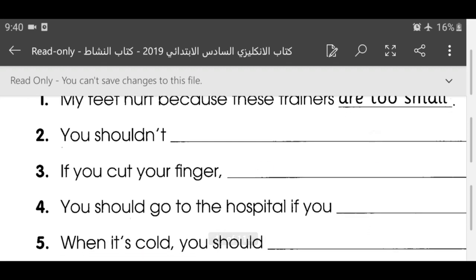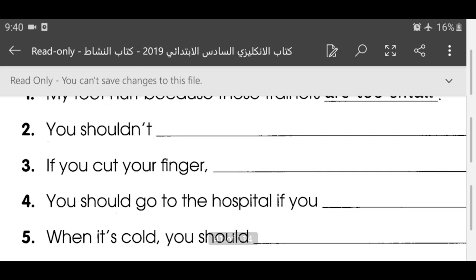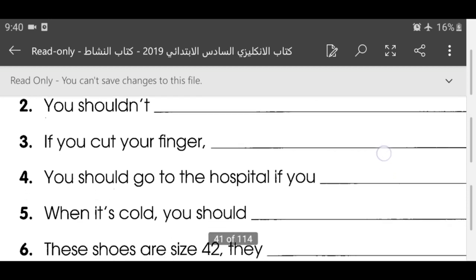3, if you cut your finger, put a plaster on it. Put a plaster on the cut.